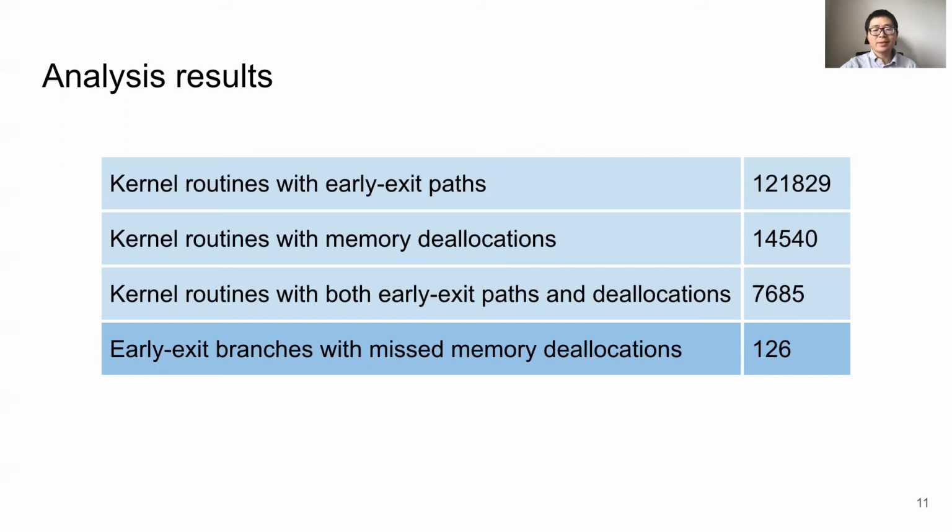After the analysis, MLEE reports 126 suspicious early exit branches with missed memory deallocation. These early exit branches are located in different kernel modules. With further manual analysis and investigation, we can finally confirm memory leak bugs.